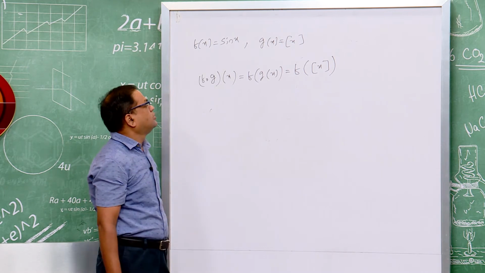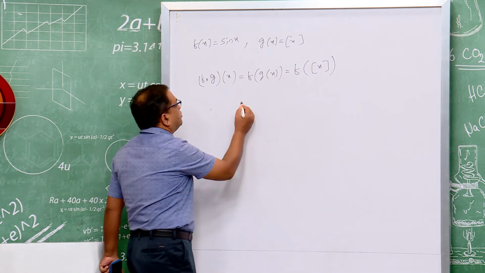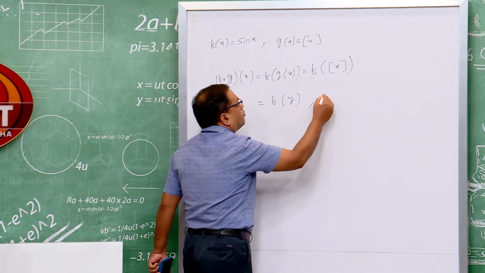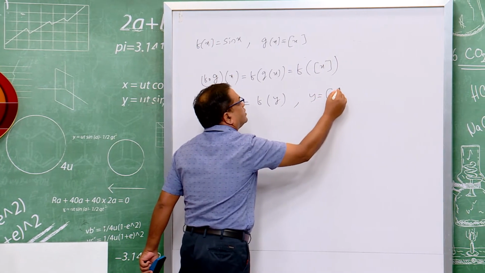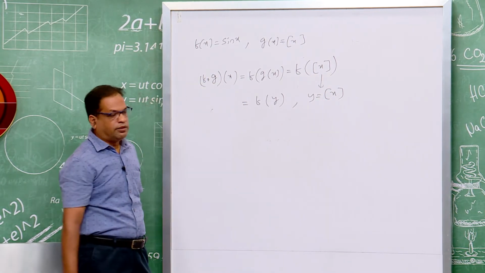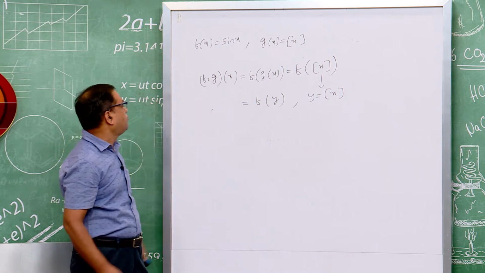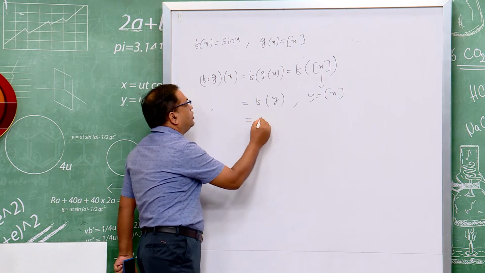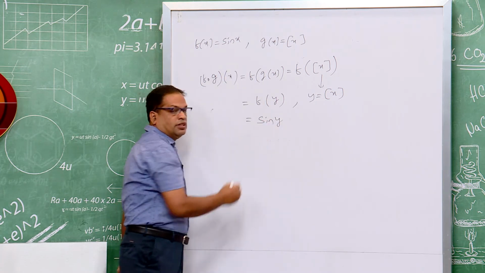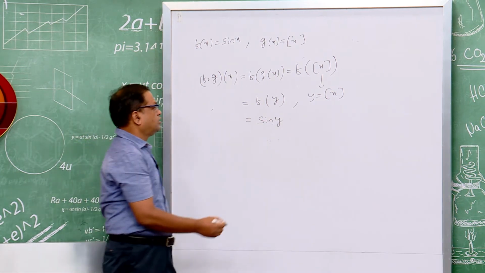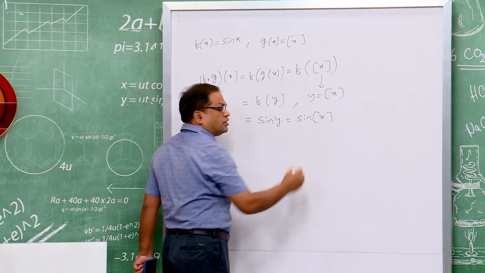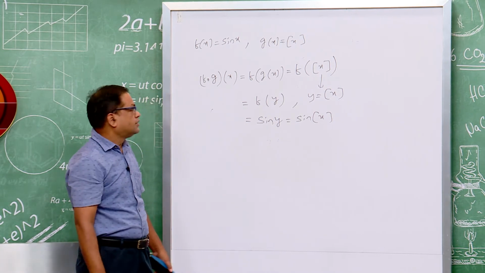We know f(x) is equal to sin x. So, what we will do? We will write f(y), where y is equal to bracket of x. So, what is f(y)? f(y) will be sin y, and what is the value of y? Finally, we change into x, sin of bracket x.